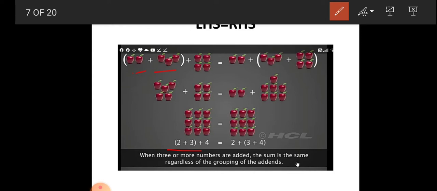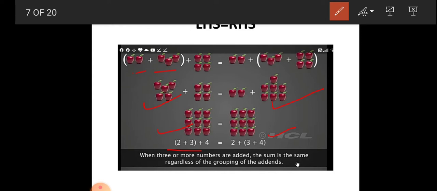And on the right hand side, the last two numbers in a bracket, 3 plus 4. First we solve the bracket. 2 plus 3, 5, and 3 plus 4, 7. 5 plus 4, 9. 2 plus 7, 9.